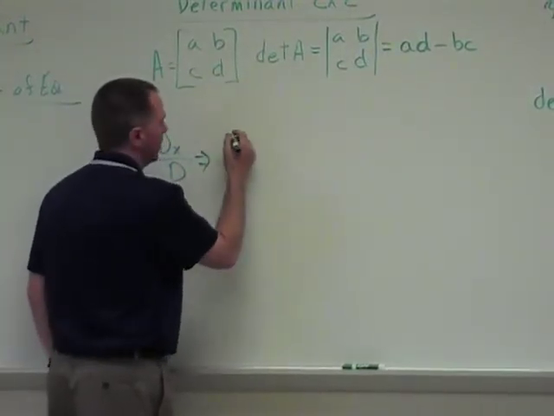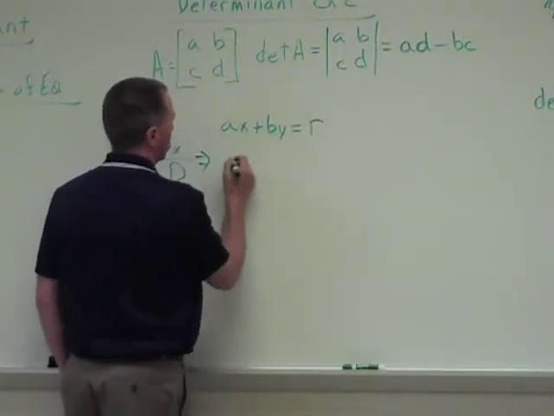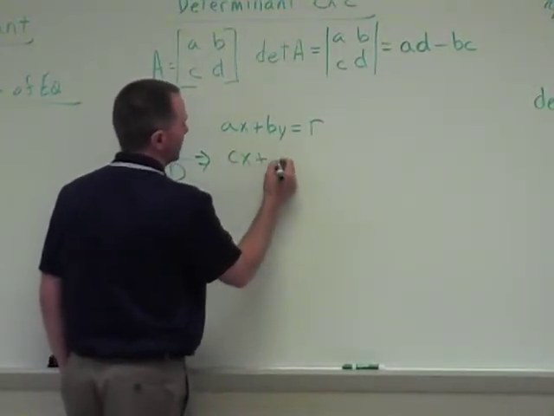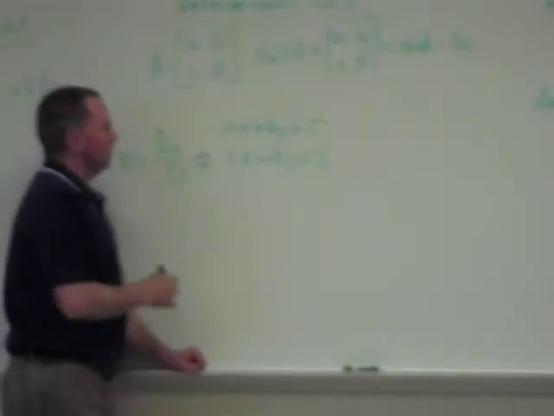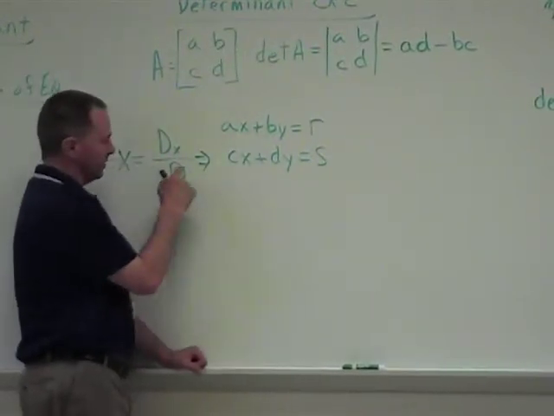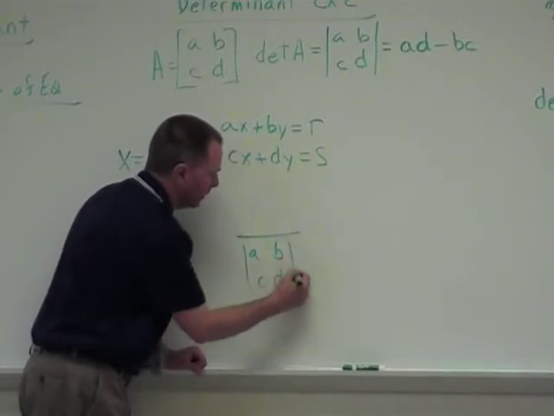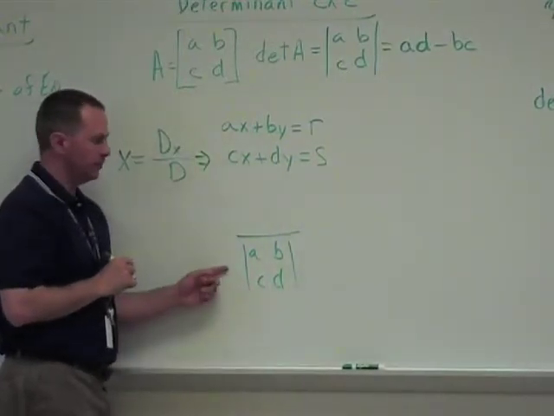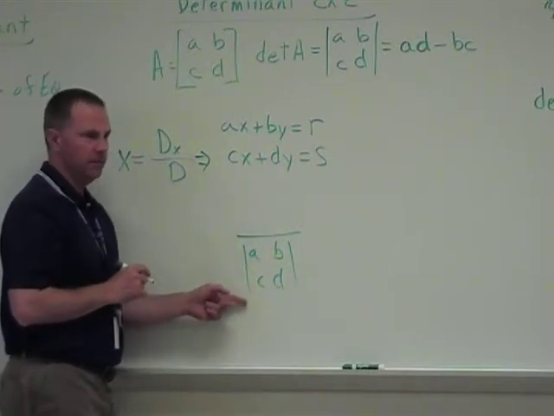So let's understand what we have here. This is our basic equation: ax plus by equals r, and cx plus dy equals s. The main determinant we're going to write like this, as a division: A, B, C, D. We find the determinant of the main matrix, which is AD minus BC.